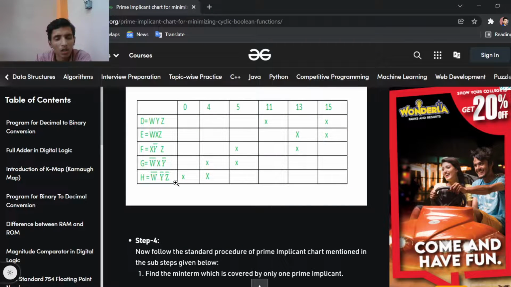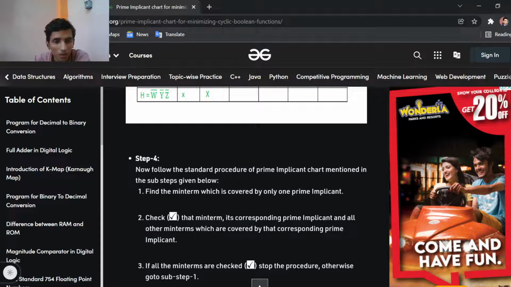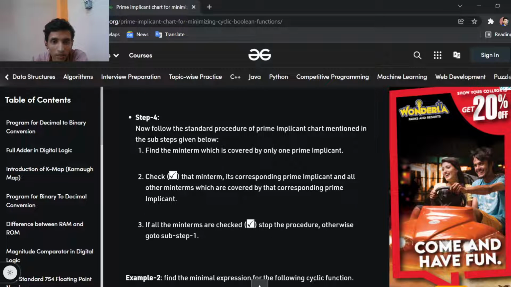Step 4 would be, now follow the standard procedure of the prime implicant chart mentioned in the sub-steps given below. Find the minterm which is covered by only one prime implicant.